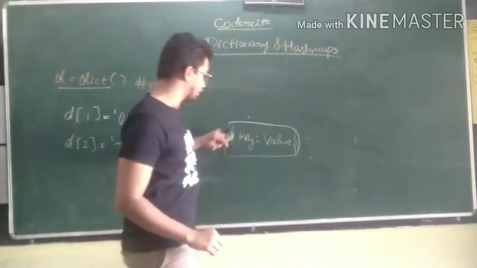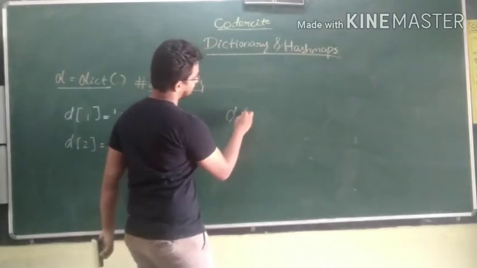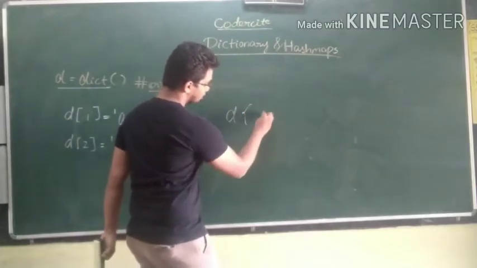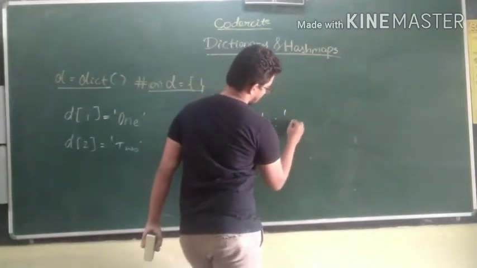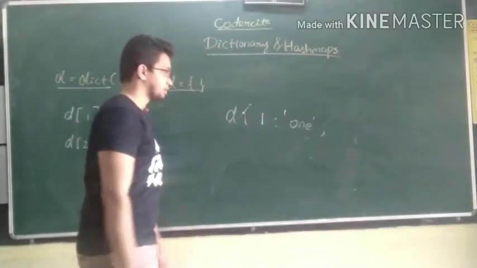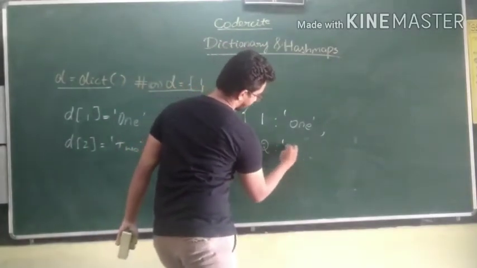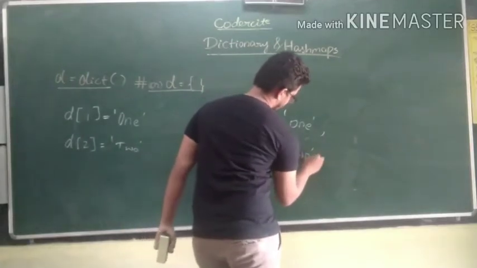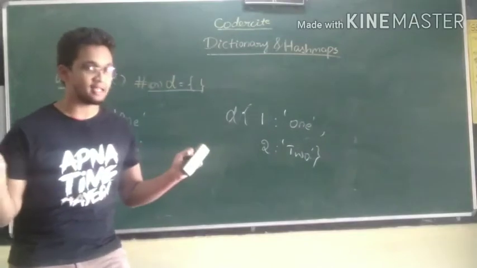What happens internally? Internally, D is a dictionary, 1 is the key and O-N-E is the value. Next, 2 is the key and T-W-O is the value.